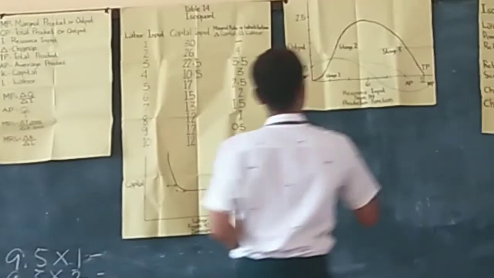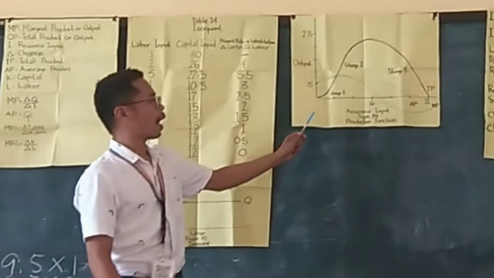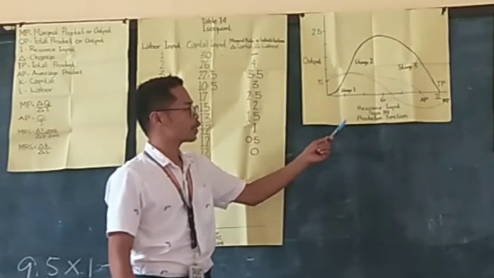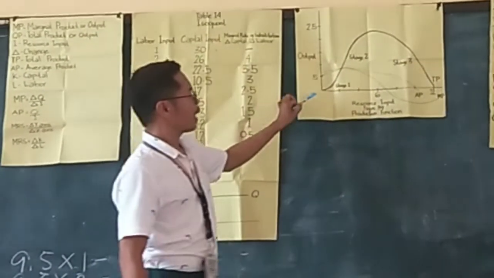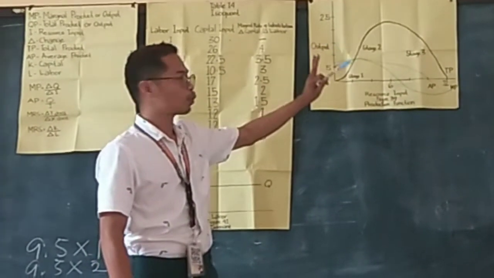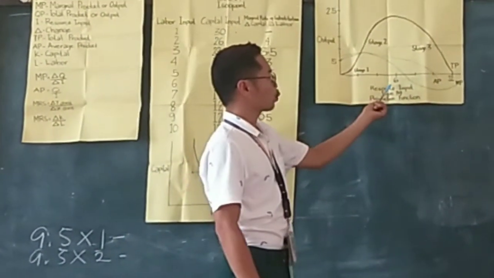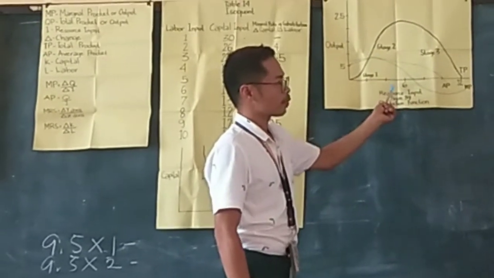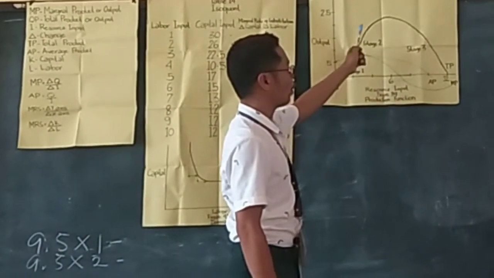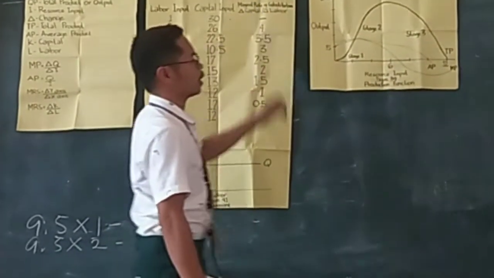And if we put it into resource input, in figure 39 na production function, talagang sa stage 1 pa lang, ang taas na ng output niya. Nag-fluctuate siya around dito sa 24. Oh yes, ang total niya.